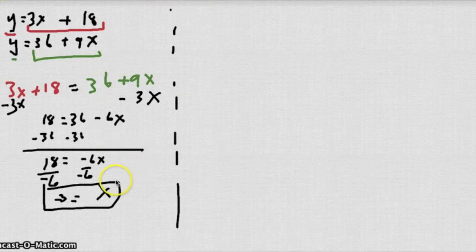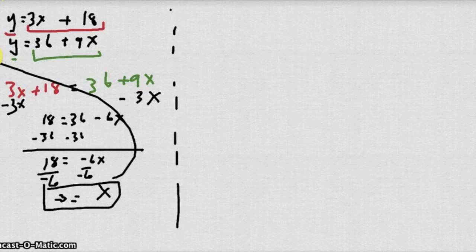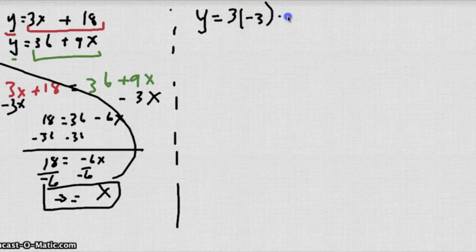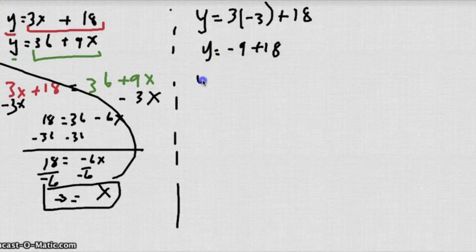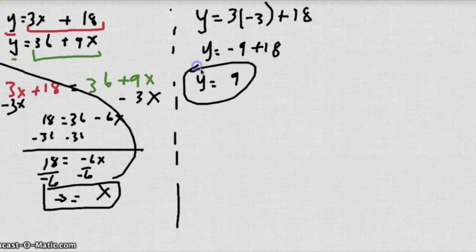So substitute x, which is negative 3, back into any one of these equations. We don't have to do both. We can to double check, but we don't have to. So I'll just pick the first one: y is equal to 3 times negative 3 plus 18. Y would then be equal to negative 9 plus 18. Y is equal to 9. Okay, so the solution for this is negative 3 and 9.